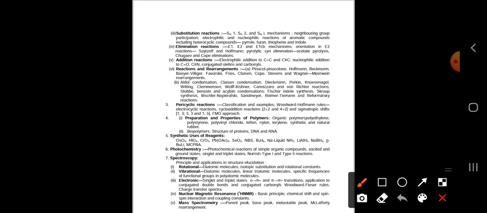Now, a few things should be kept in mind while preparing for paper 2, because it is an organic portion and we have to write answers, so we should keep a certain approach in mind while answering. First of all, we should answer in an approach like what will be formed. If a reaction is given, what will be formed.